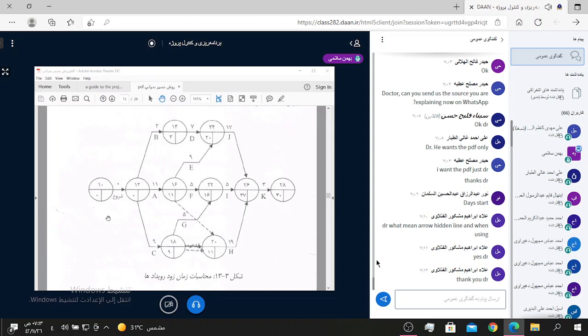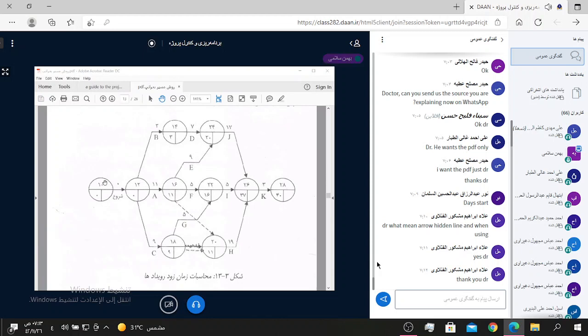Node 10 is the node for start, and node 28 is node for finish the network. Node 10 is node for start.